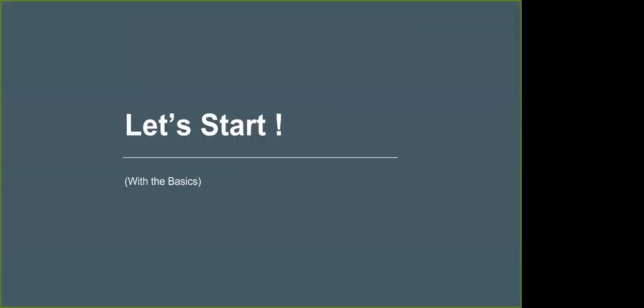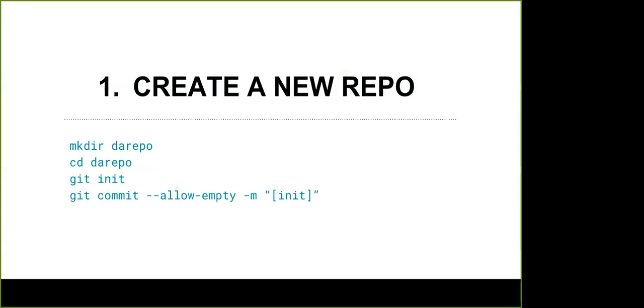Okay, let's start with some of the basics. If I want to create a repository, I create the directory, say mkdir, go into that repository with cd, and say git init and git commit. I did git init, that will create the initial repository for the Git protocol.